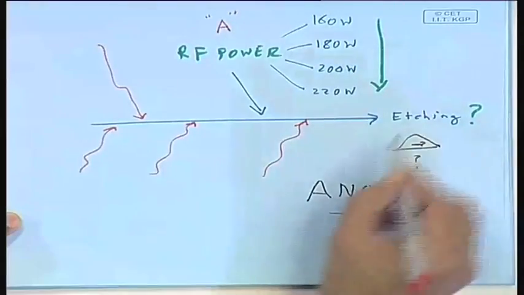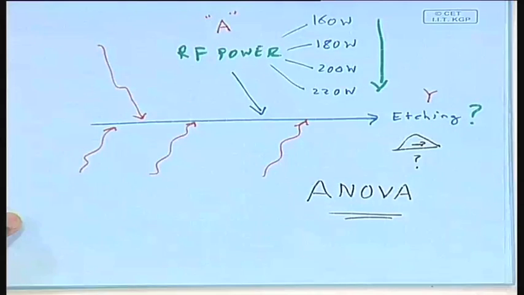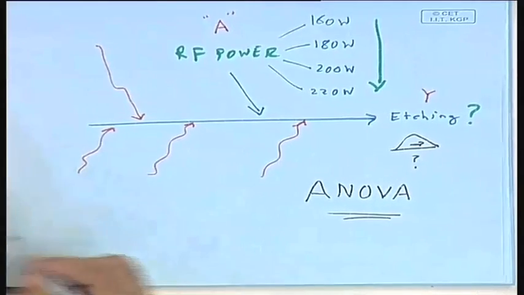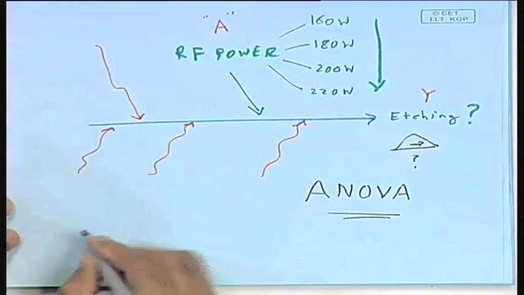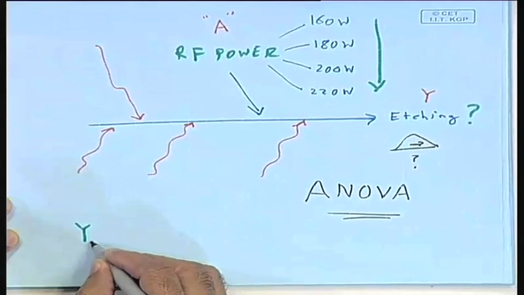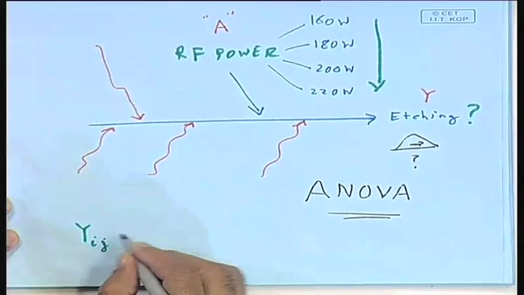And I've got my response here. Response is going to be measured as Y. Therefore, I can write Y, and let me use a different color pen here. Y is the effect, ith treatment, jth replication.